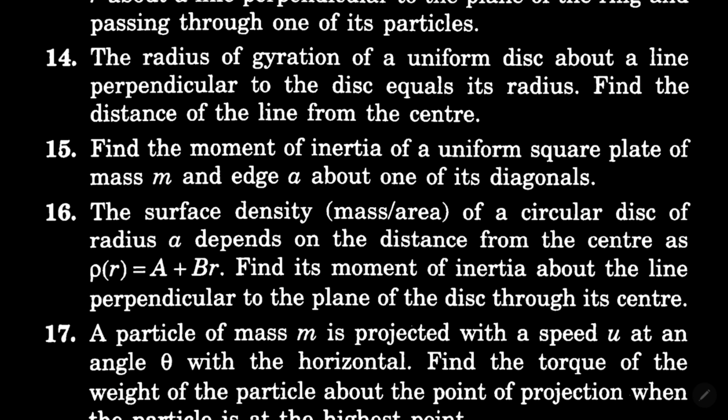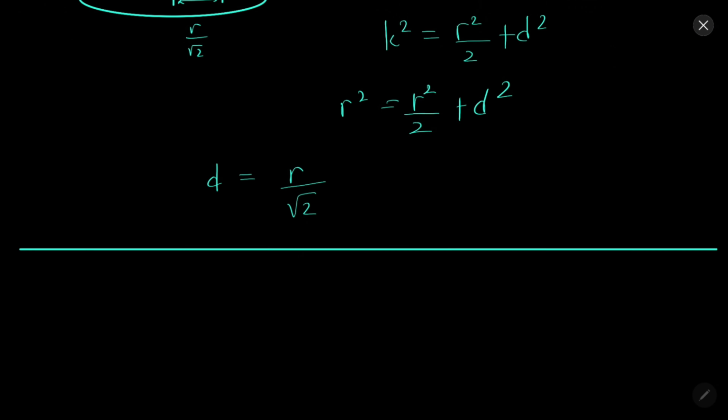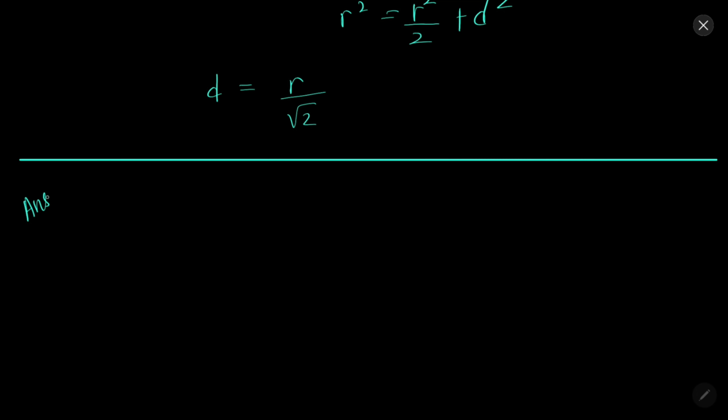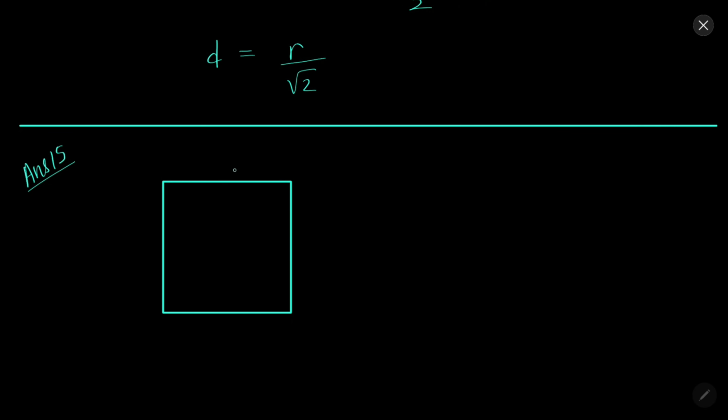In question 15, we need to find the moment of inertia of a uniform square plate about one of its diagonals. Solution 15. So let's say this is our figure. This is a diagonal.